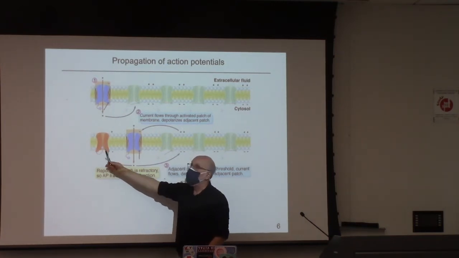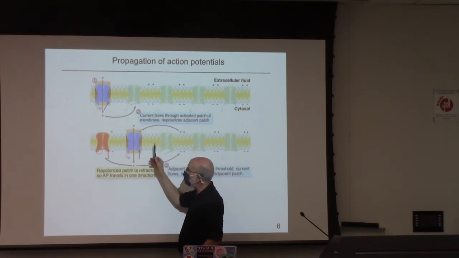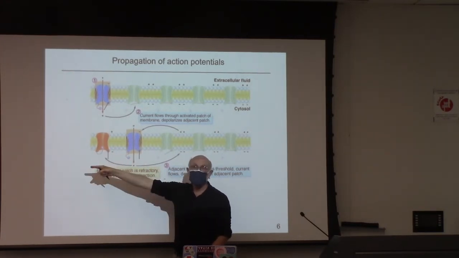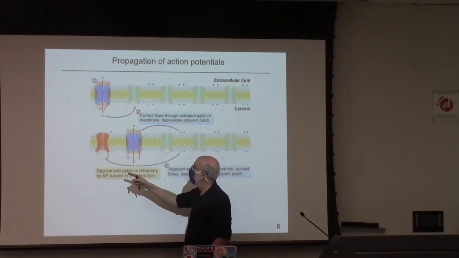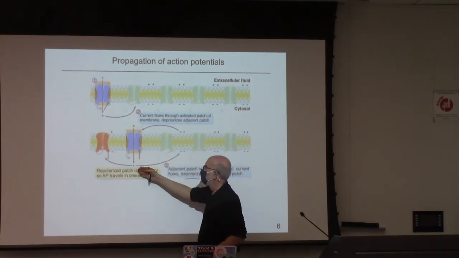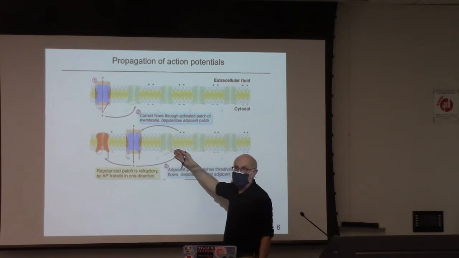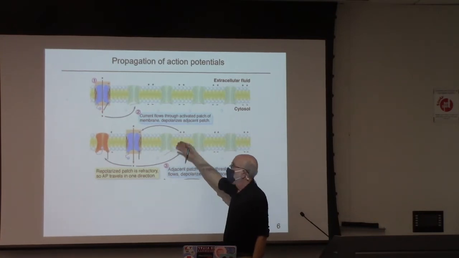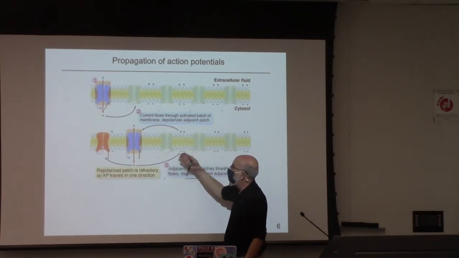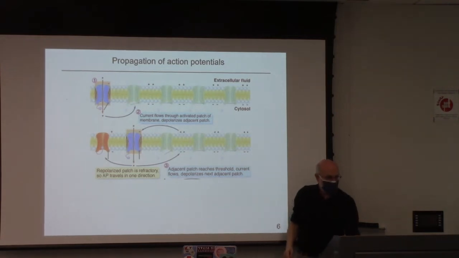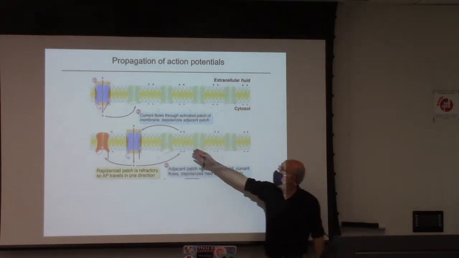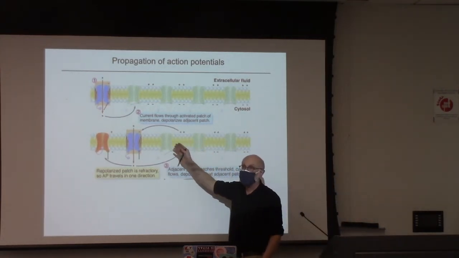So this channel is inactivated, and the inactivation of the channel prevents the action potential from propagating in that direction. Okay? Influx, diffusion, inactivated channel, closed channel. This channel depolarizes.